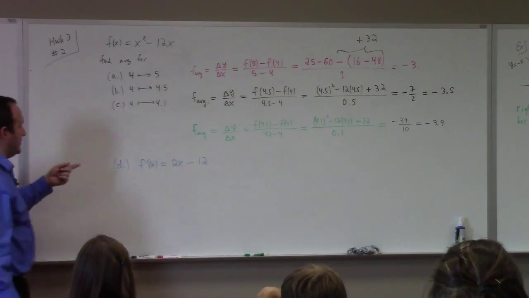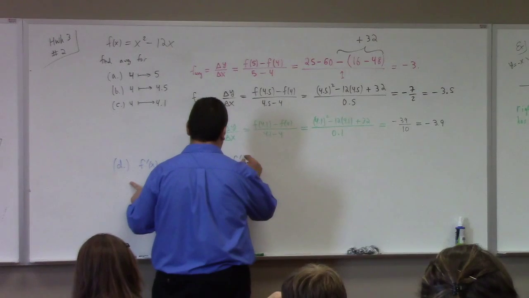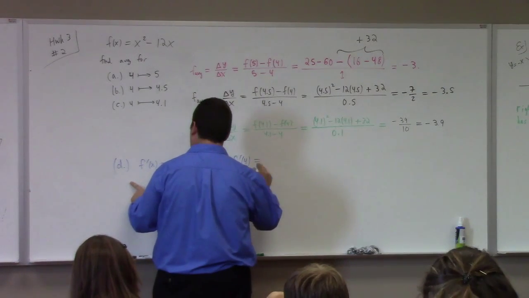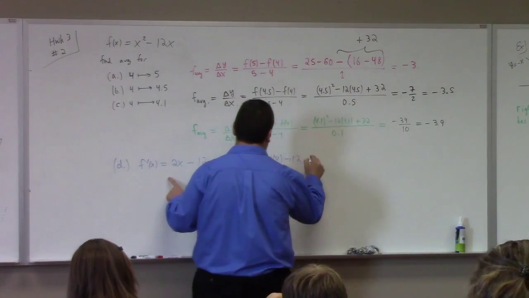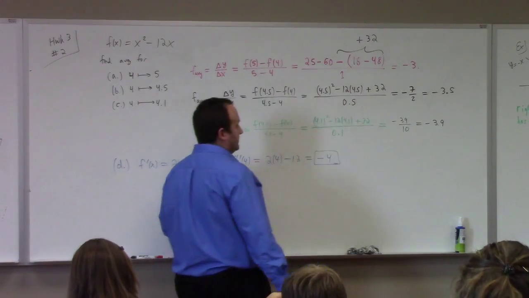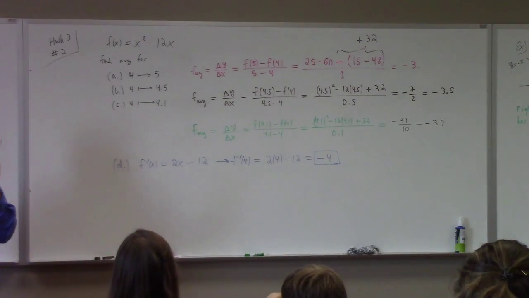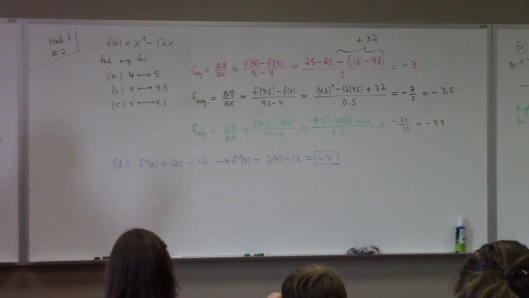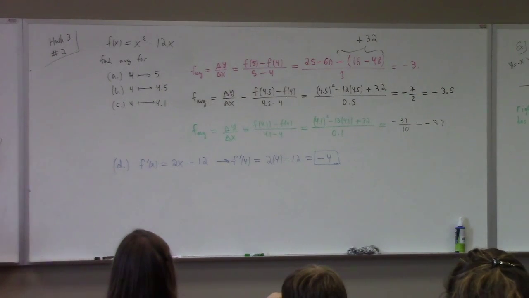So what's f prime of 4? 2 times 4 minus 12. What do you know? Minus 4. As you can see, as you take average rates of change where the change in x is getting closer and closer to 0, you get closer and closer to the instantaneous rate of change at 4.